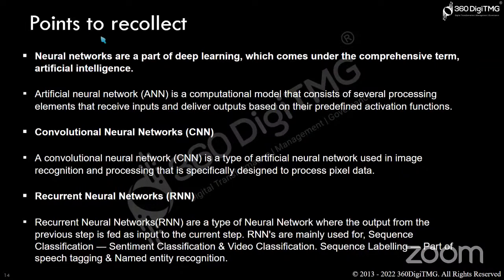Now, let us recollect some of the points. Neural networks are a part of deep learning, which comes under the comprehensive term artificial intelligence. So deep learning is a part of artificial intelligence.